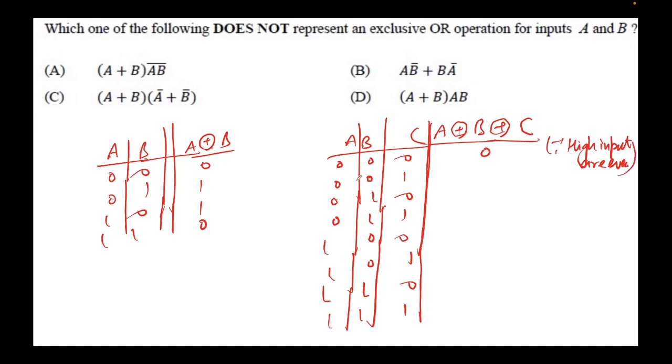Now see here, only C is high, A is 0, B is 0. So the number of inputs that are high is 1. Hence this will be true. Similarly, in this row only one input is high, so again it would be 1. Here the number of inputs that are high is 2. 2 inputs are high in the fourth row.